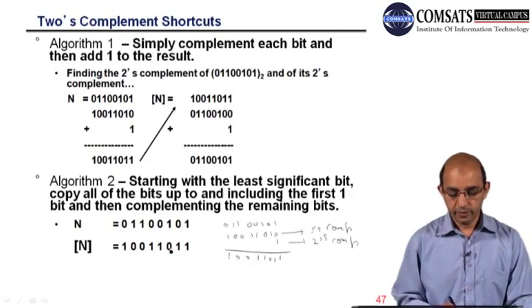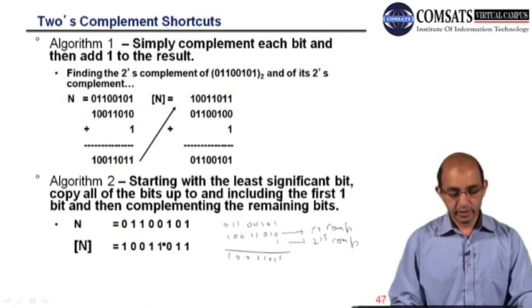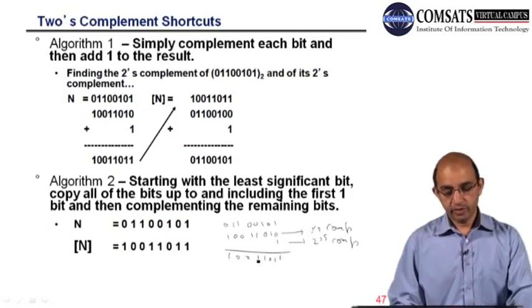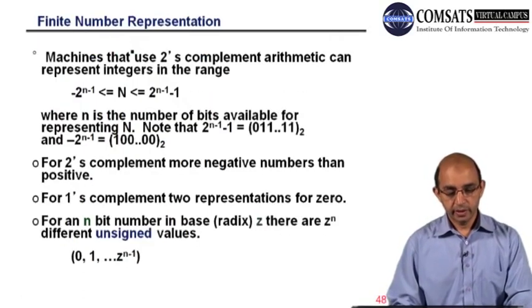So this is the 2's complement, and this is the second algorithm, and we have verified that they are the same. So we have two algorithms to compute the 2's complement.